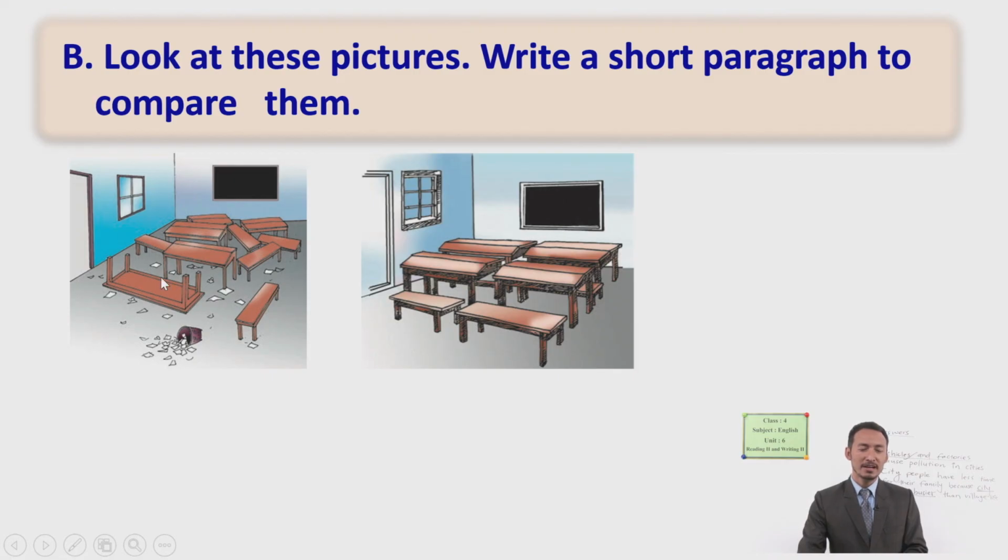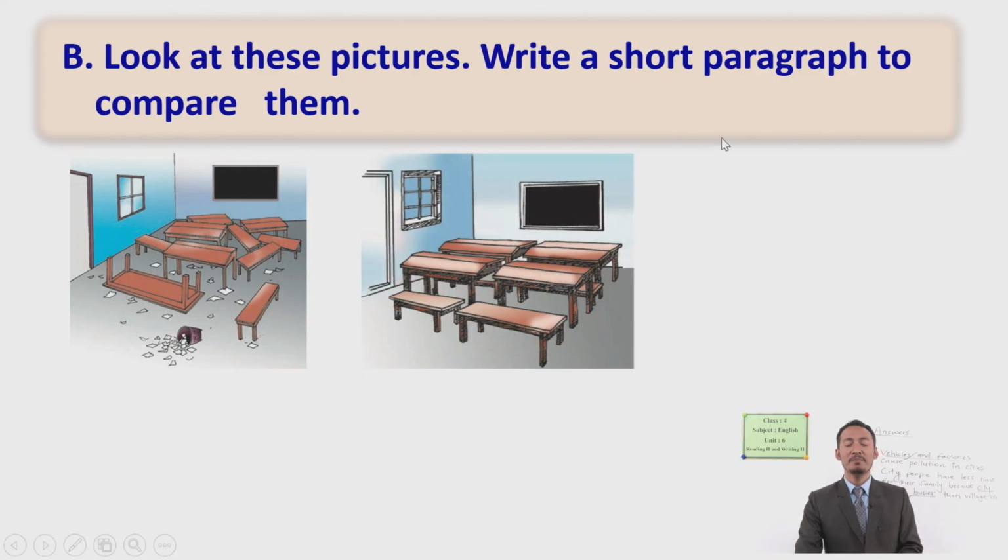The benches are upside down. The dustbin is thrown away, and all the benches are mixed. They are not in order. And in the second picture, you can see everything is fine. All the benches are in their right places, right?